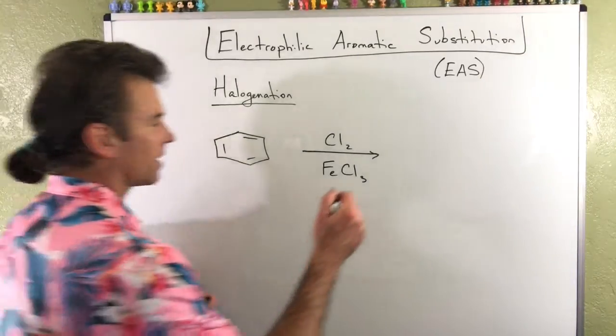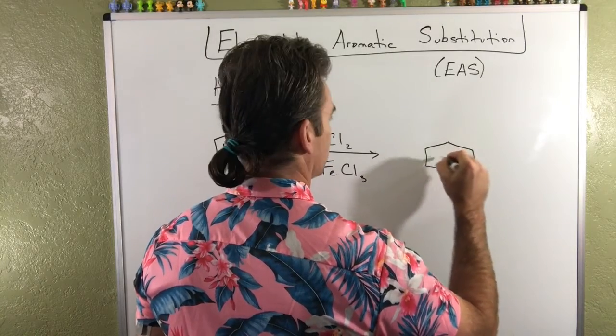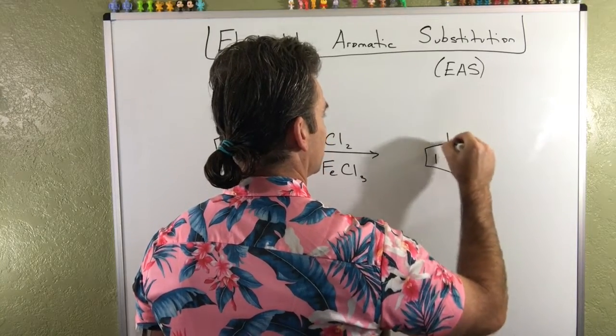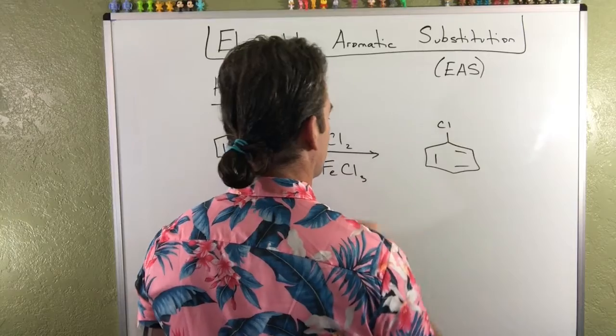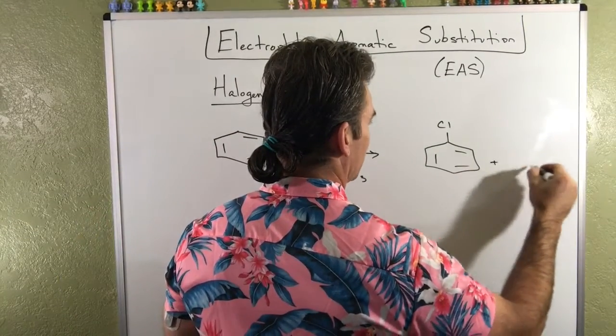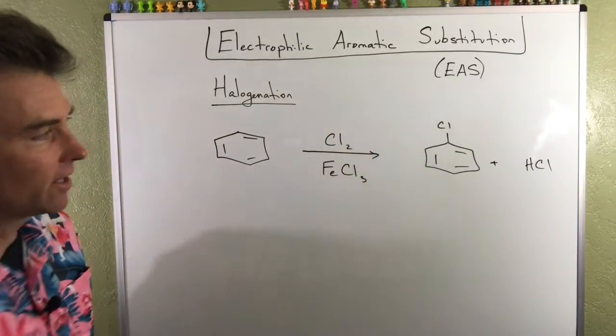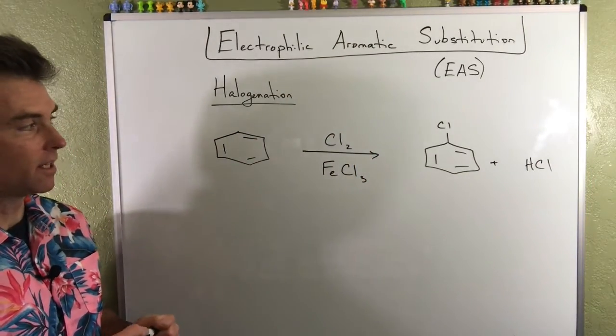We're going to go through the mechanism in just a sec, but what we're going to ultimately see at the end is that we put a chlorine on as a result of this, and of course we've got that HCl byproduct, and we'll regenerate the catalyst throughout the process here.